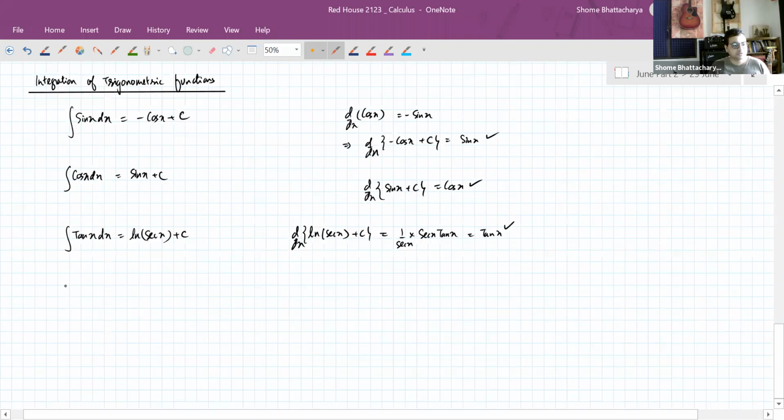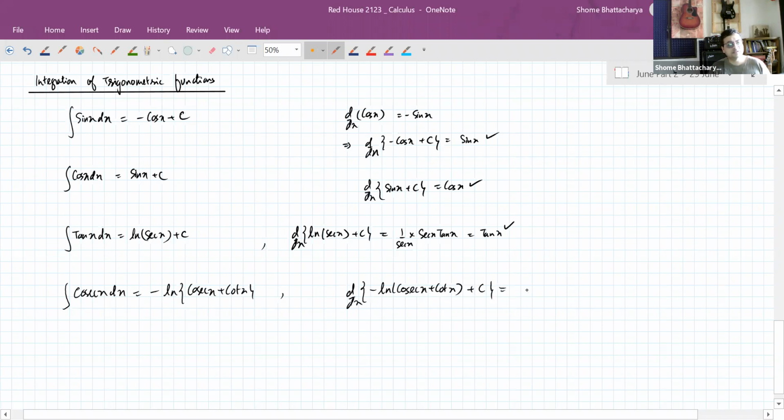Similarly, the reciprocal ones are again a bit complex. For example, integration of cosec x is given by minus of ln of cosec x plus cot x. Again, you can understand the logic of this by differentiating this term.